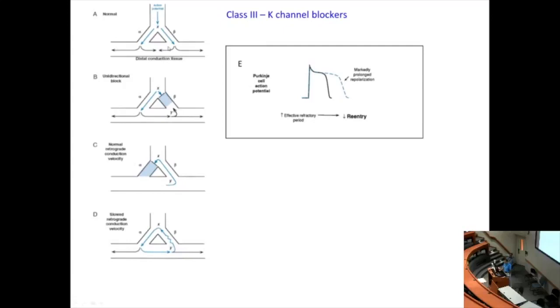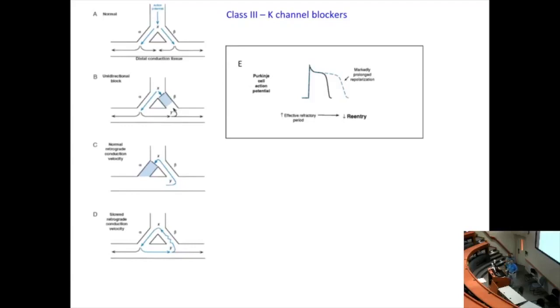If it's fast enough, that wave comes around and it hits this alpha pathway again while the alpha pathway is still depolarized. And that means while it's still refractory and it can't be re-stimulated. So in that case, your wave just stops, okay?